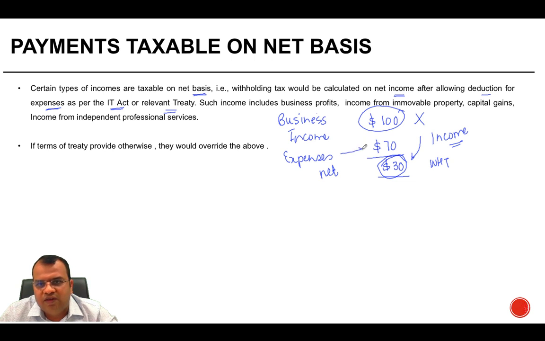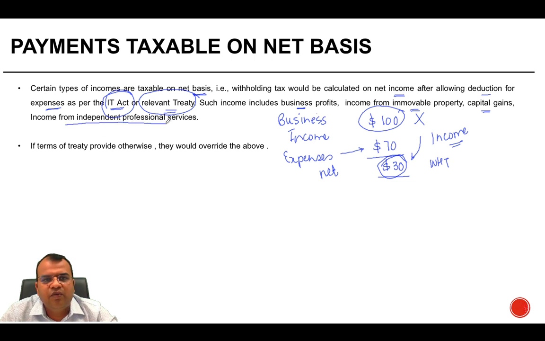How this 70 will be arrived at is something for which you need to see the provisions of the Income Tax Act or the relevant treaty and see whether it is 70, 40 or whatever. The nature of income which may be taxable on net basis could include your business profits, income from immovable property. Suppose a non-resident has an immovable property in India and he gets rental income, then of course there are deductions, standard deductions or other expenses which may be allowed as a deduction as per the IT Act. Capital gains, of course, cost of acquisition, cost of transfer, all that has to be deducted.